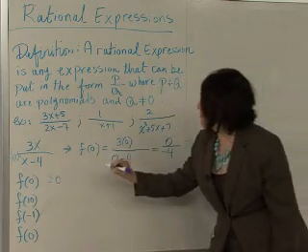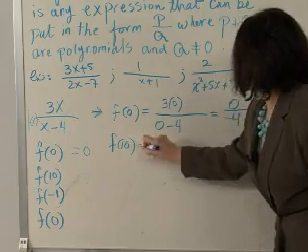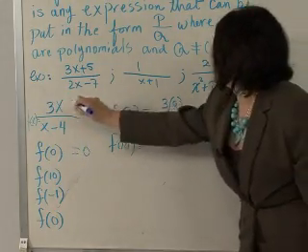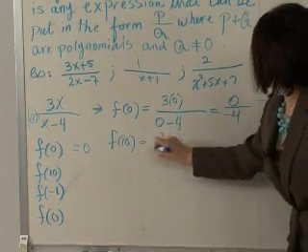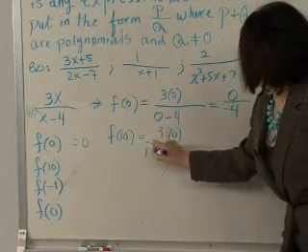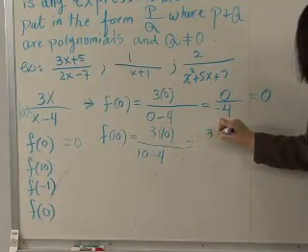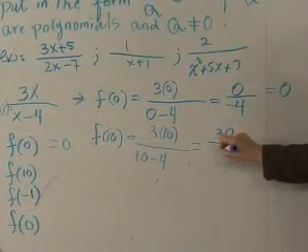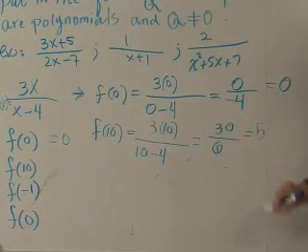Now f of 10. F of 10 is going to take 3x, which is 3 times 10 over 10 minus 4. 3 times 10 is 30. 10 minus 4 is 6. 30 divided by 6 is 5.